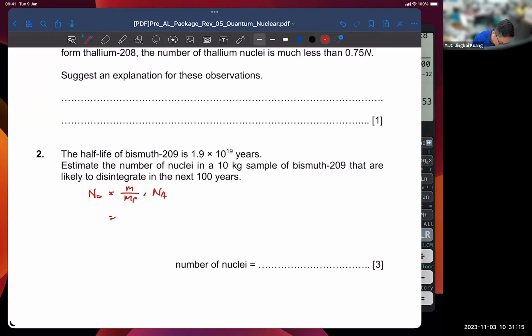This is 10 kg, which is 10 times 10 power 3 grams. Then bismuth-209 is 209 grams, times 6.02 times 10 power 23. So this is the number of nuclei.